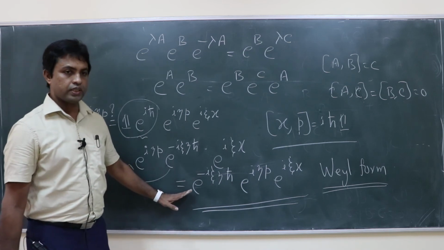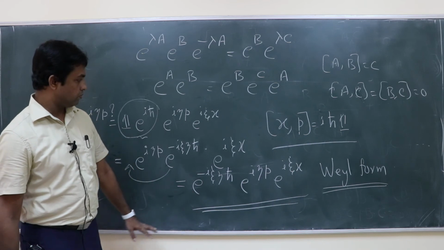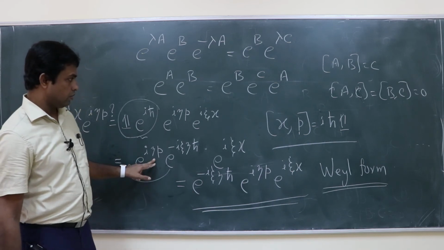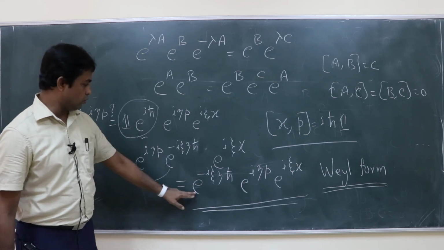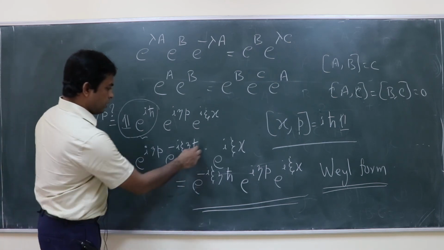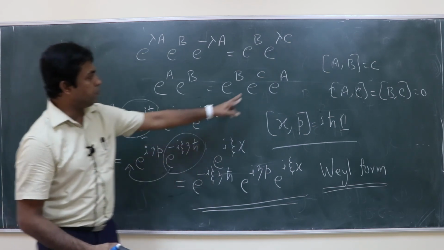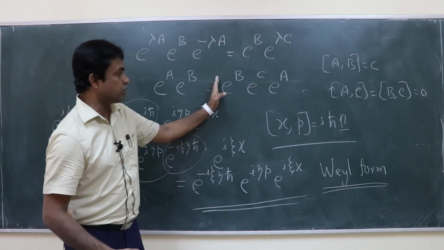So any question on this now? How did the first term come? This one? No, sir, the first term. This is there in the middle, the e power c. Actually, I can take e power c outside here.